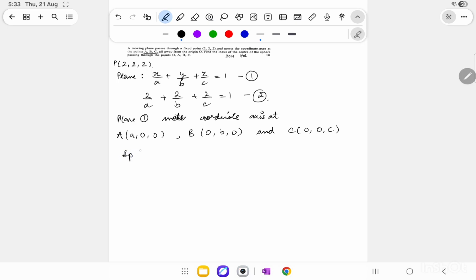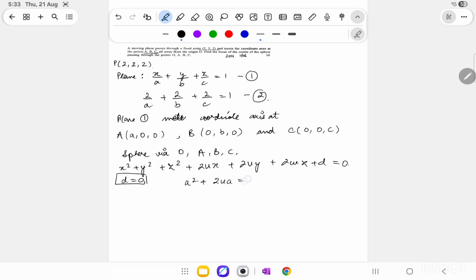So now I am supposed to find sphere via O, A, B, C. So let us assume any arbitrary equation of sphere, that will be x square plus y square plus z square plus 2ux plus 2vy plus 2wz plus d equals to 0. So from here I'll get my d equals to 0, a square plus 2ua equals to 0, b square plus 2vb equals to 0, and c square plus 2wc equals to 0.